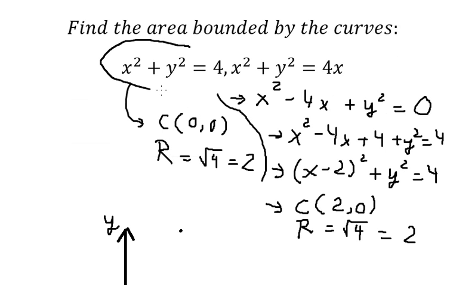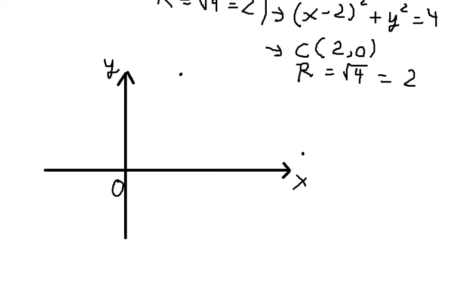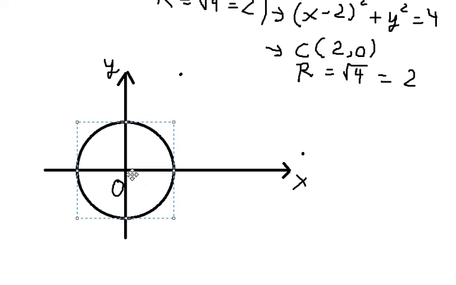This one is the circle with center (0, 0), and the radius is 2. That should look like this. And the second one should look like this.